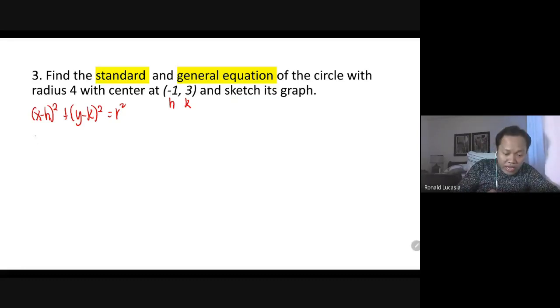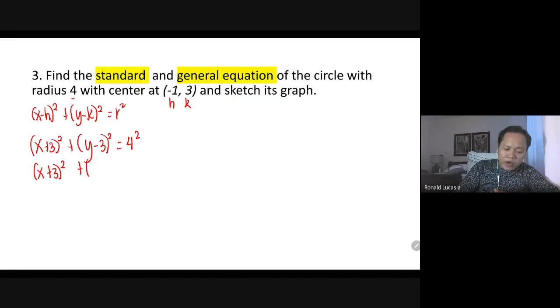So this will be x, the formula is negative, the value of h is also negative, that will give us positive. Y minus k, k there is 3. The radius is 4, so that is 4 squared. So we have (x plus 1) quantity squared plus (y minus 3) quantity squared is equal to 16. This is now the standard form.